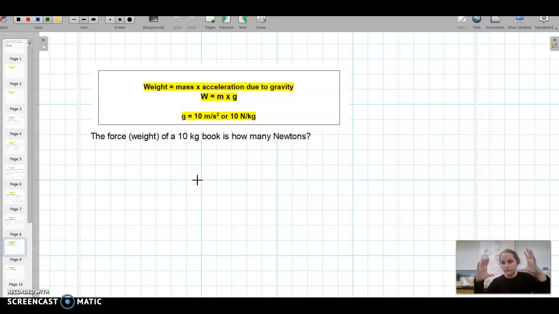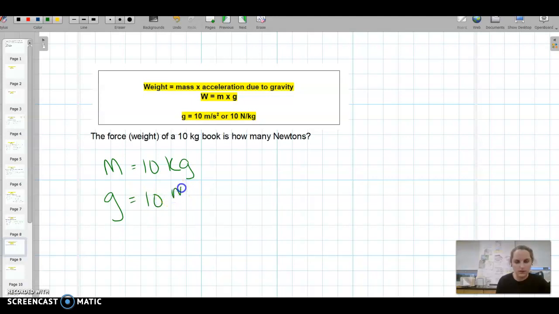So the force, weight, right, of a 10-kilogram book is how many newtons? Okay. Again, what are we given in this problem? The mass is equal to 10 kilograms. And what is our other constant? G is equal to 10 meters per second squared. And what are we asked to solve for?